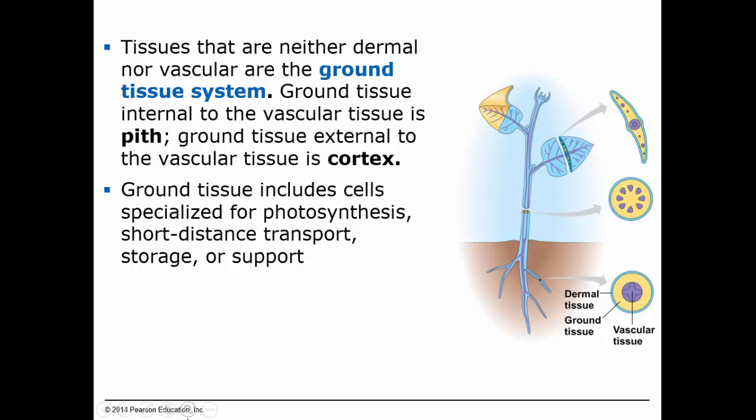Ground tissue includes lots of specialized tissue types with functions important in photosynthesis, transporting materials across short distances, storing nutrients or minerals, or providing strength and support to the plant.